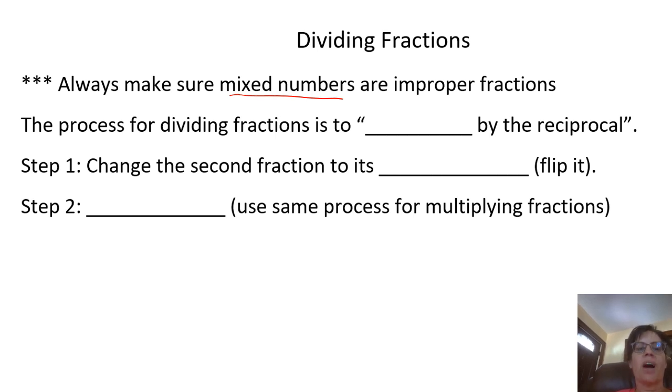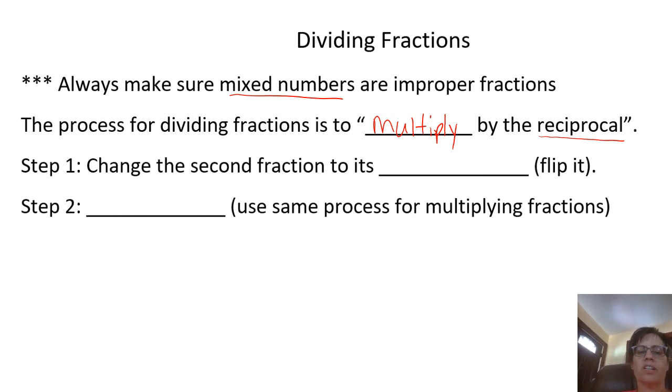All right, the process for dividing fractions, the phrase you need to remember, is to multiply by the reciprocal. What that phrase means to us is that we are going to change it to a multiplication problem. It'll end up giving us the equivalent answer because we're also going to use the reciprocal of that second fraction.